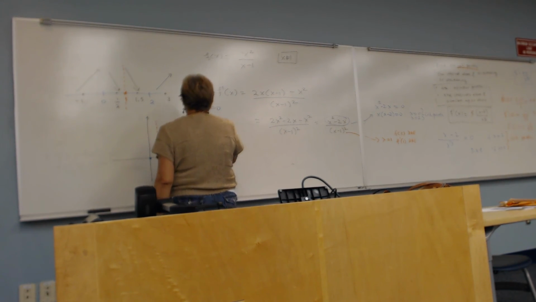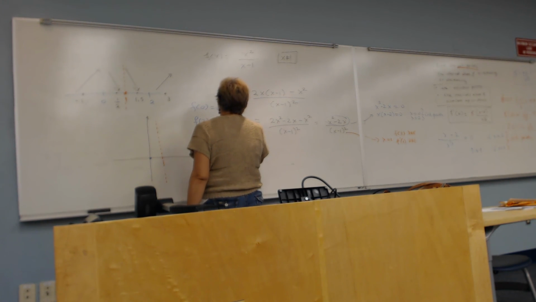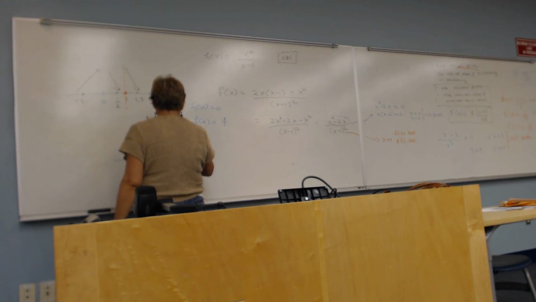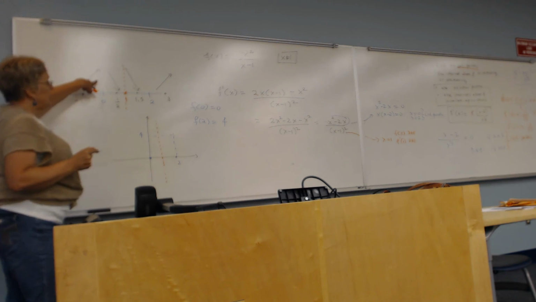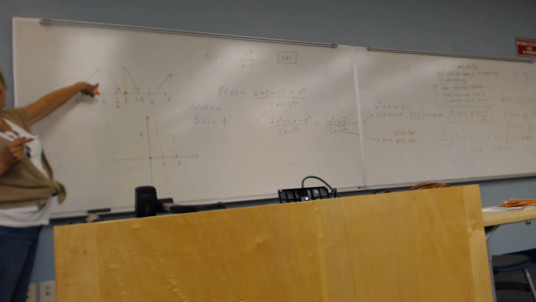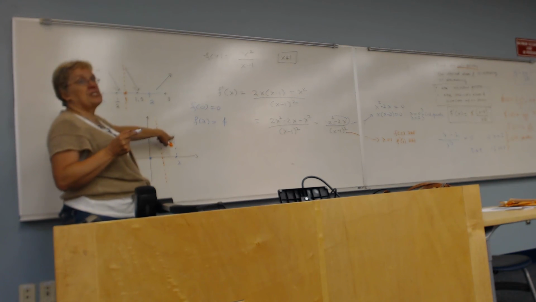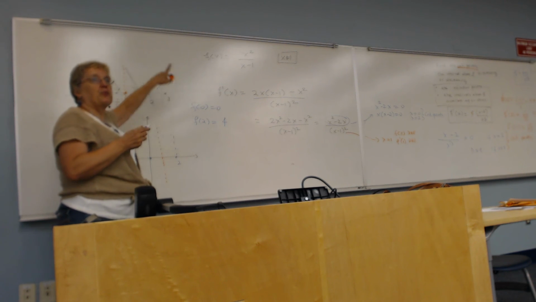The other critical point is at 2, and the value of the function at 2 is 4. Now 0 is a relative max, and 2 is a relative min, and there is an asymptote in between.